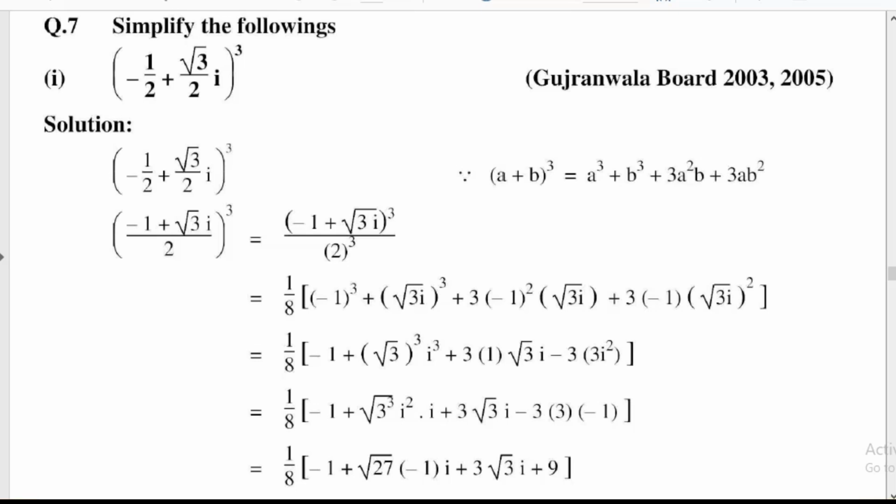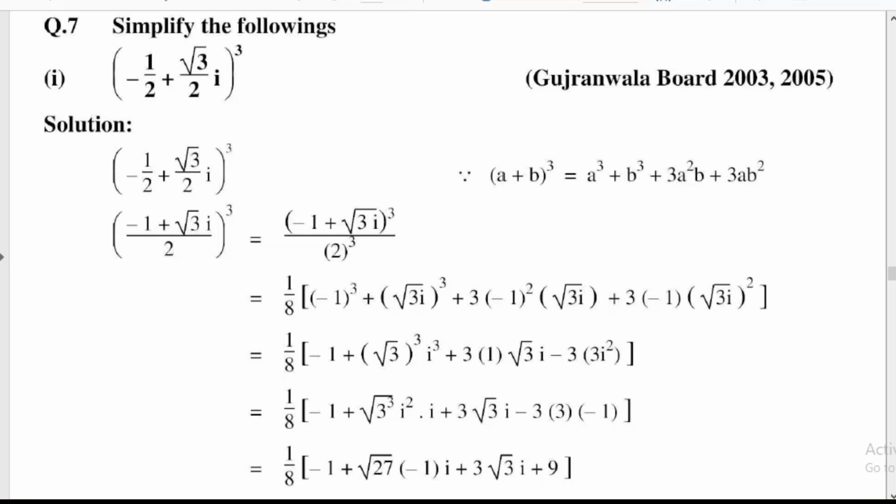(√3 i) whole cube can also be written as 3√3. So i cube can also be written in the form of i square into i, plus 3 times 3√3 i, minus 3 i square, where i square is equal to -1.